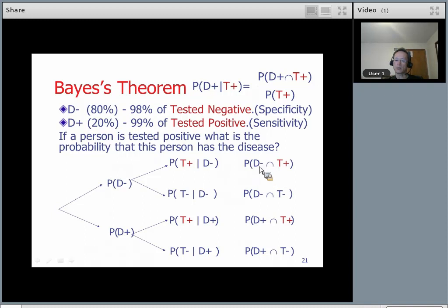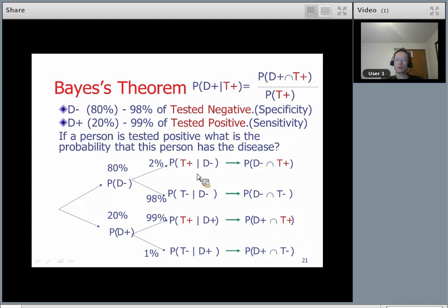The probability of D minus and T plus, that means probability of no disease and tested positive, can be figured out by multiplying these two numbers. So we get these numbers, 80% and 20%. We get these numbers too. The specificity is the probability of testing negative given people who don't have disease.